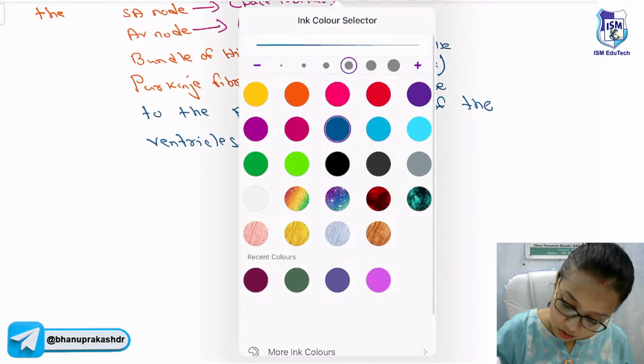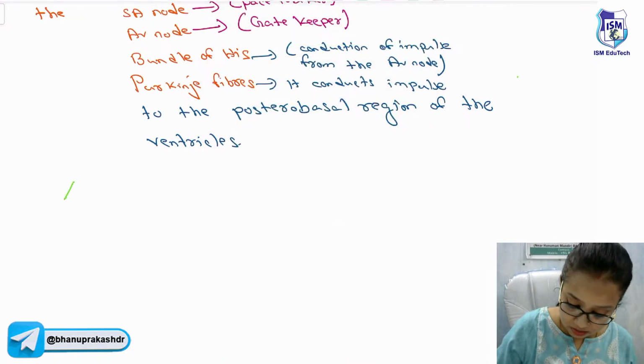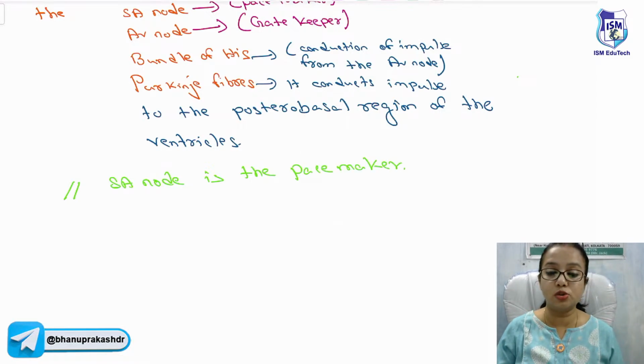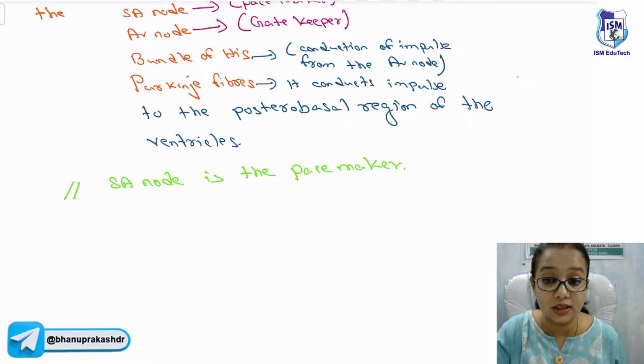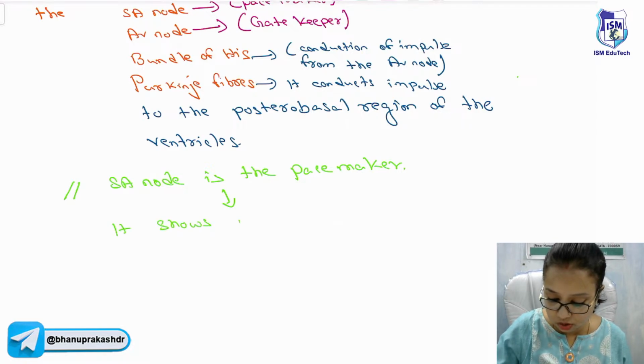Now the important point in context to the conducting zone, what we have to remember is that SA node is the pacemaker. Means it can show autorhythmicity. Rather, it does show autorhythmicity.